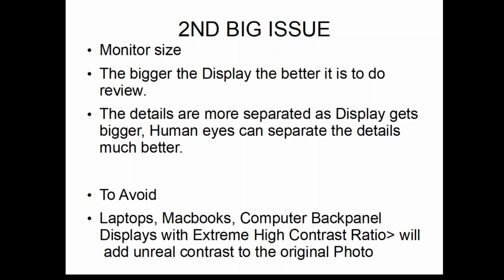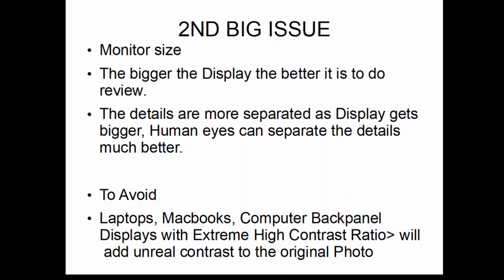And not only that, if your display has too high a contrast ratio, or the color gamut is not set up correctly or calibrated, for example, a red gorilla may look like an orange gorilla, right? If your display color balance is off, you have to calibrate your display.